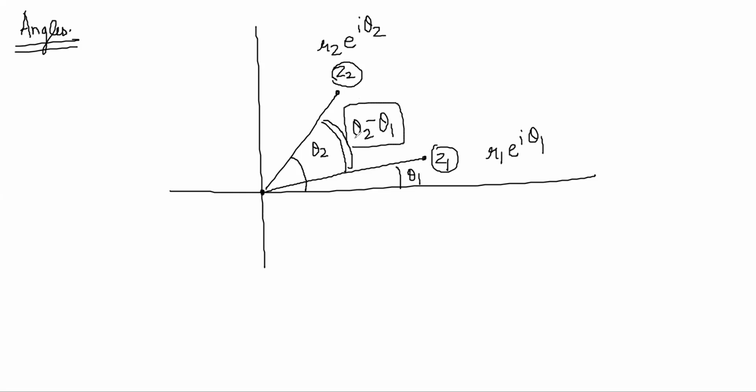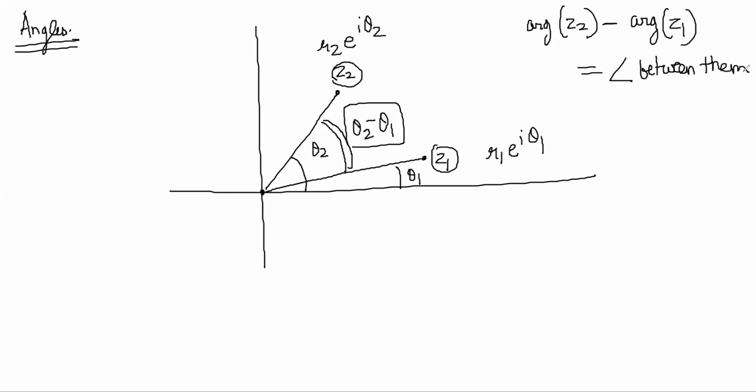So what we know is that arg of Z2 minus arg of Z1 is the angle between them.